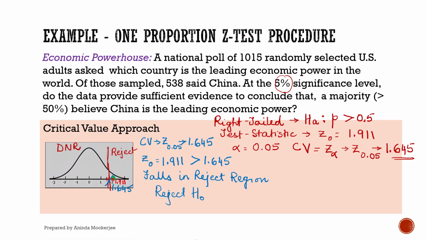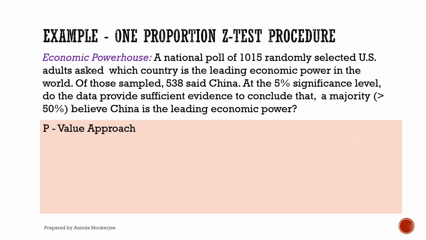That would be the decision based on the critical value approach. And then, of course, we have to go and interpret that, but I'm going to perform the test using the p-value approach and see whether we get the same decision as we got with the critical value approach.